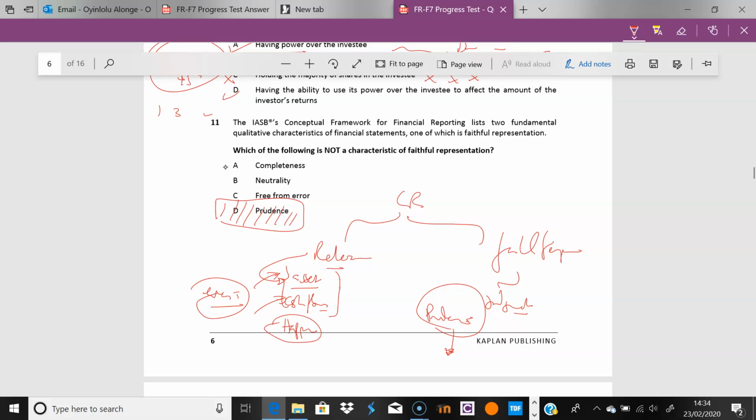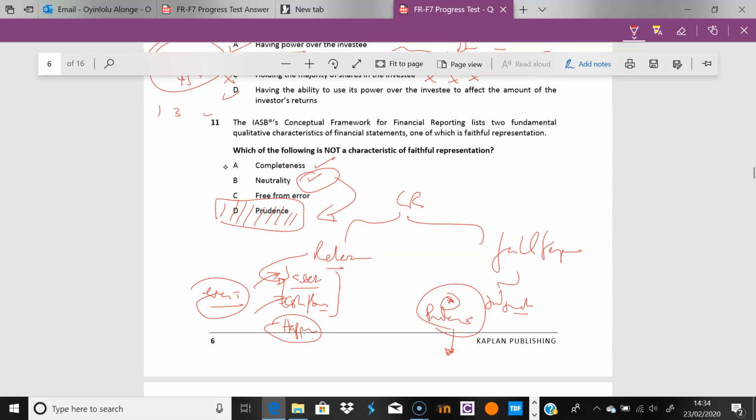And the argument was that it wasn't as effective a word, I guess is one way of putting it. So what is considered to be a characteristic of faithful representation is the fact that everything is there, and so neutrality has taken the place of prudence. There are arguments in the current amendments and the exposure draft to bring prudence back.